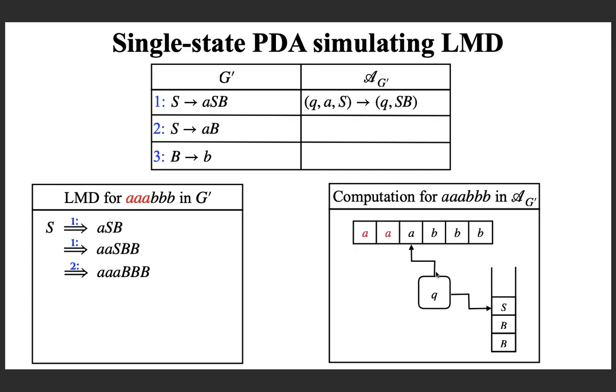If you are in the state Q, A is the next input symbol and S is on the top of the stack, you replace the stack top with the variable B. That is, Q is the only state, A is the next input symbol, top of stack symbol is capital S. In the RHS, what you push in is the variable capital B alone.